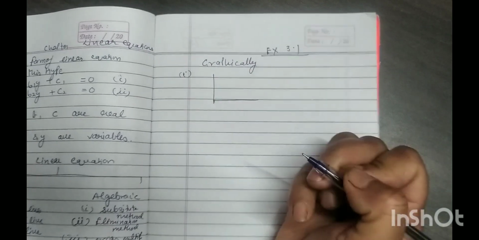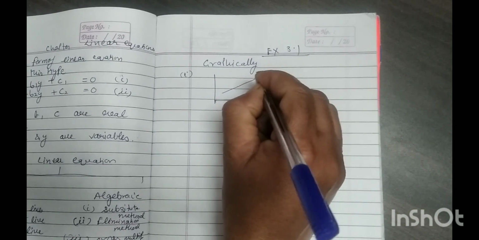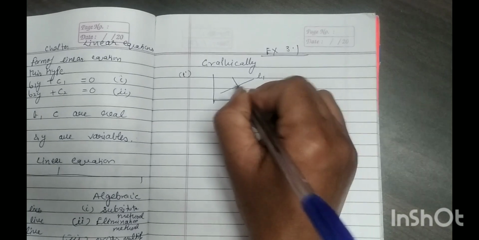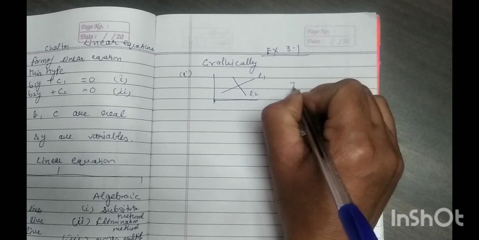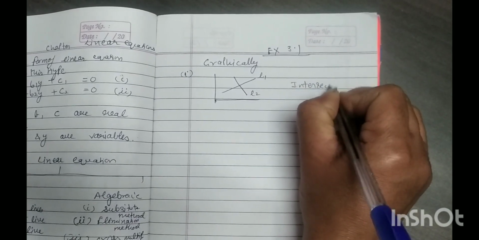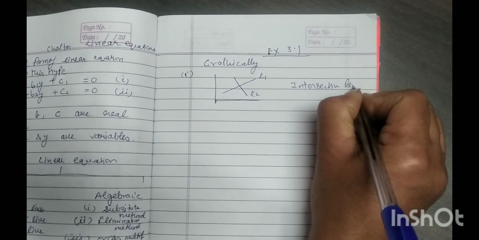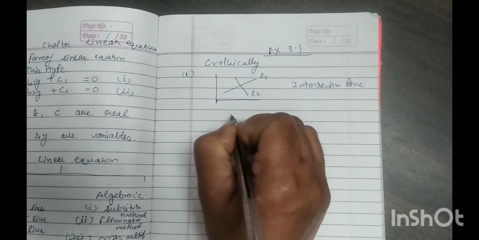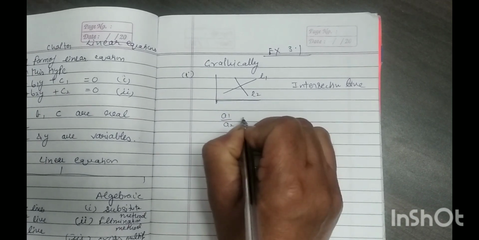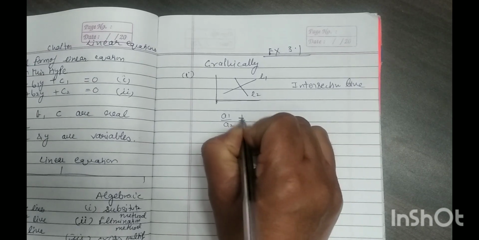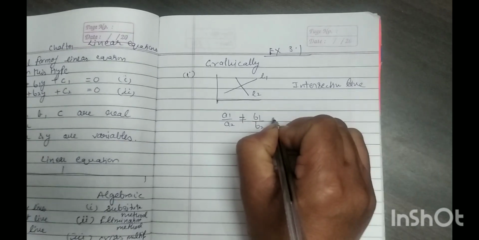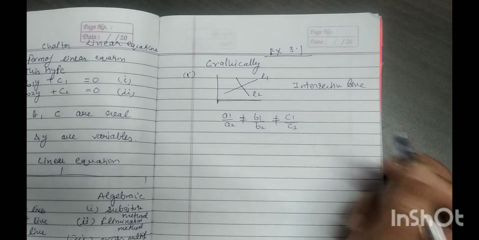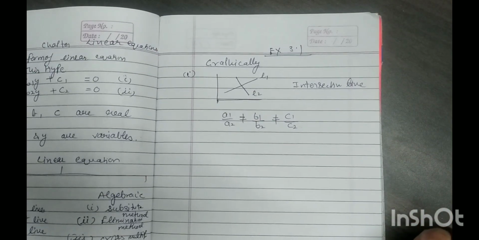That is a graph. Clear? There are L1 and L2, two lines in the graph. They intersect, so this is an intersecting line. How is an intersecting line possible? When a1 upon a2 is not equal to b1 upon b2 and not equal to c1 upon c2, then we get an intersecting line.